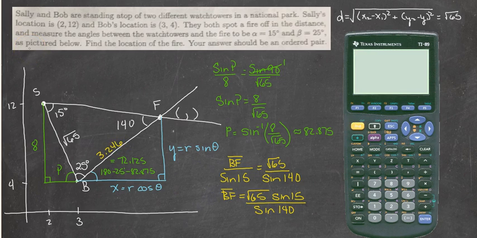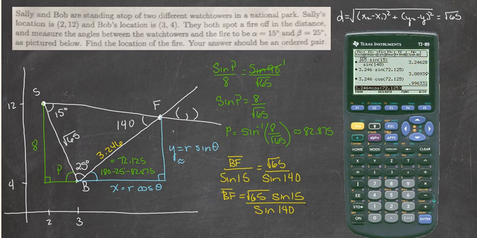So now we have every single thing we need to find y and x. In fact, I've already loaded them in again. So the hypotenuse times the sine of the angle we're working with equals 3.00931. And of course, that's approximate. And I want to use 3 decimal places because that's what I've been using.